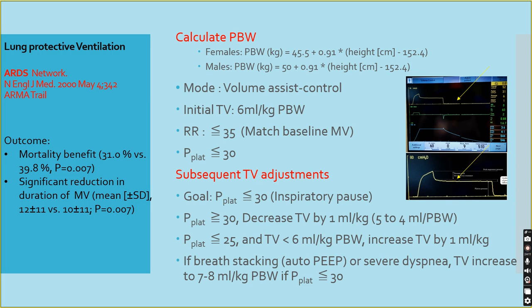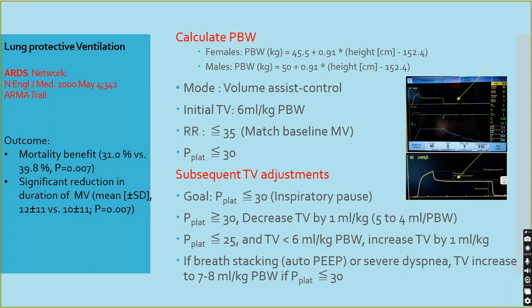And the plateau pressure is calculated like this: if you have an inspiratory hold button on your ventilator, you hold the inspiration, and the pressure which you read after holding the inspiration is called the plateau pressure. This plateau pressure is a marker of alveolar pressure, and if this pressure is more than 30, it causes lung injury.